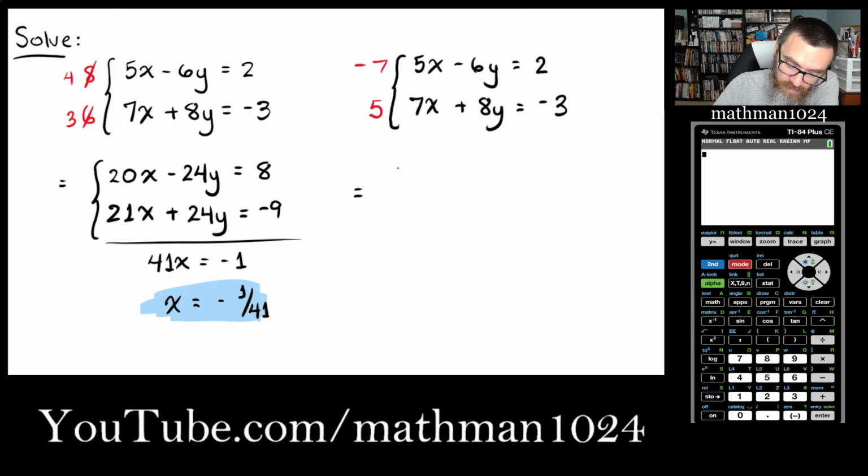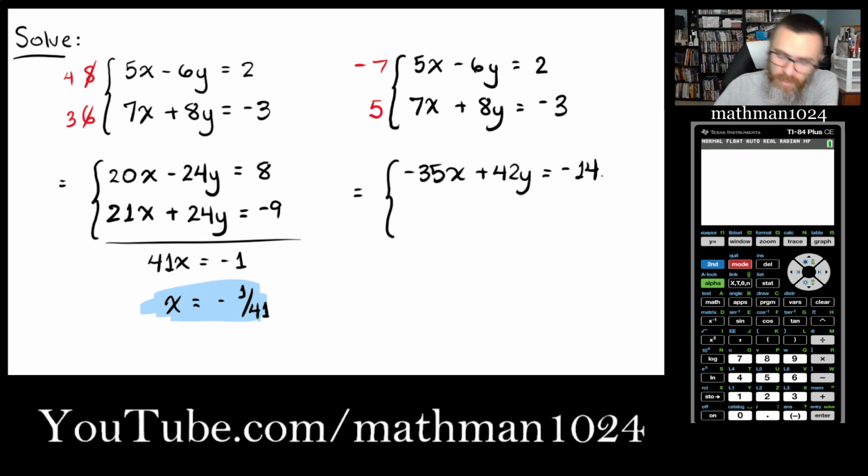Now let's rewrite this system and see what we have. It gives me negative 35x plus 42y equals negative 14. In the second equation, we distribute the 5, so positive 35x, and you see the x's are going to cancel away, plus 40y. 5 times negative 3 is negative 15.